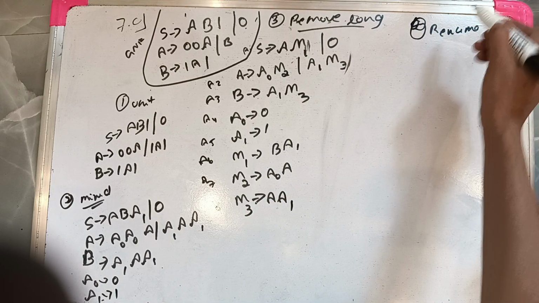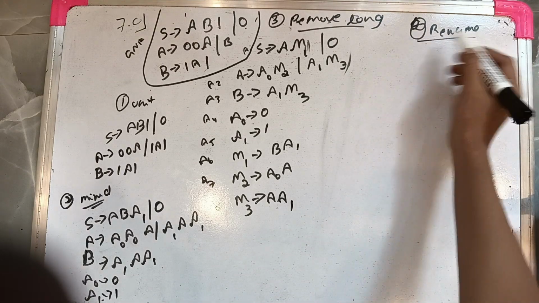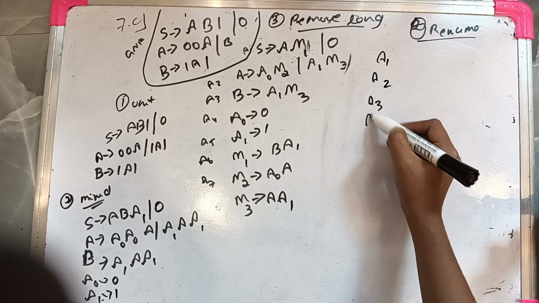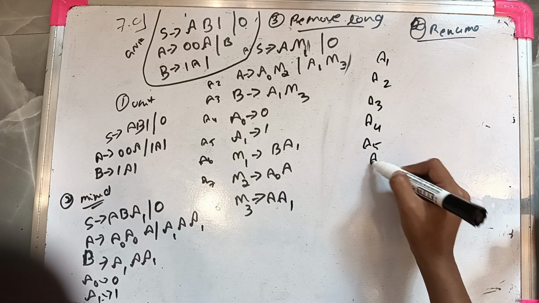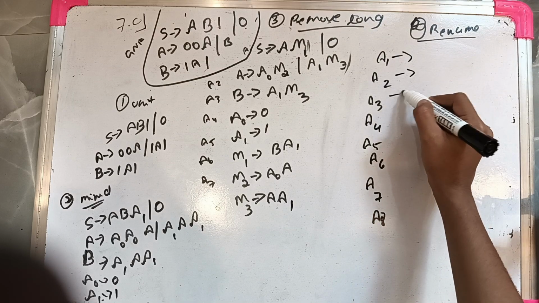Second step is renaming. So I need to rename these as A1, A2, up to A7 and A8.